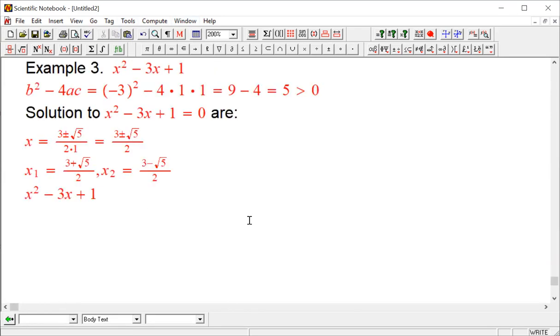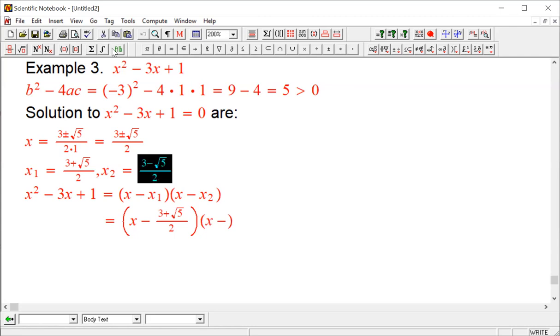The factors are going to be, of course, 2 factors, and a is 1, so x minus x sub 1 and the next one is x minus x sub 2. To have a closer look, x minus x sub 1 is this one, and the other factor is x minus x sub 2, which is this other one.